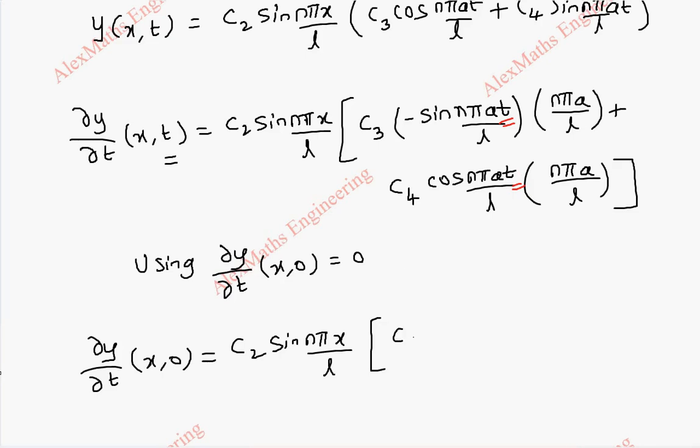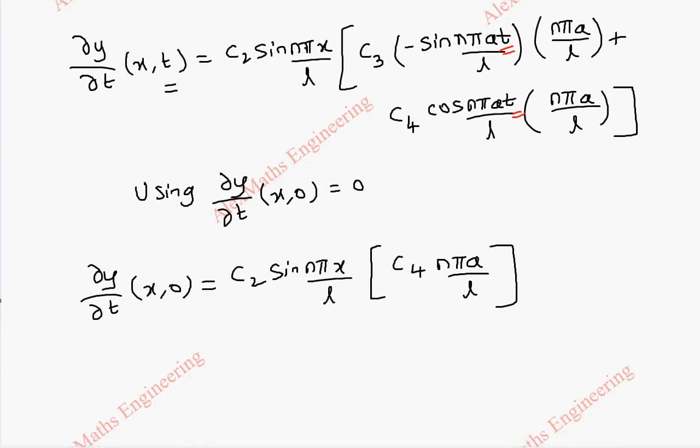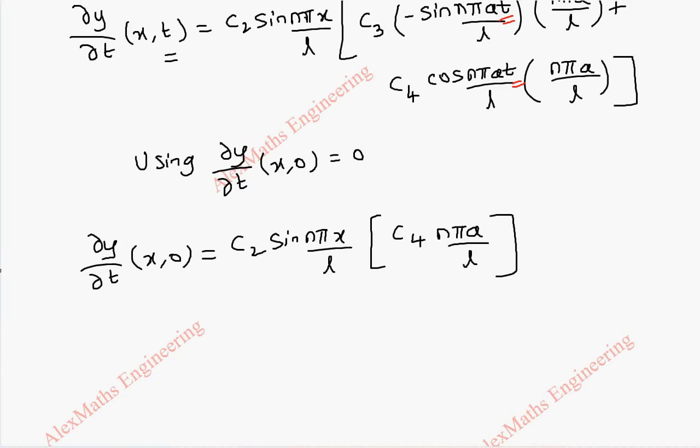So we are left with C4 into n pi a by L. From this, we can use this condition, that is this value 0. So 0 equal to C2 sine n pi x by L into C4 n pi a by L.